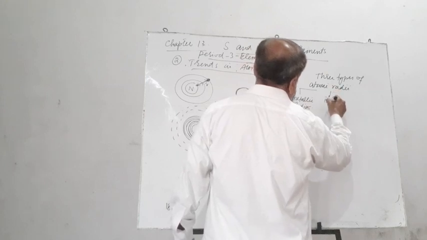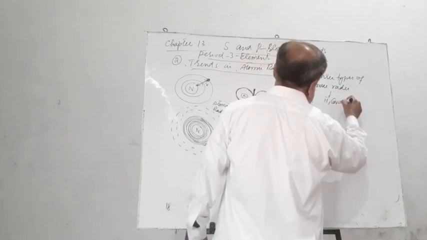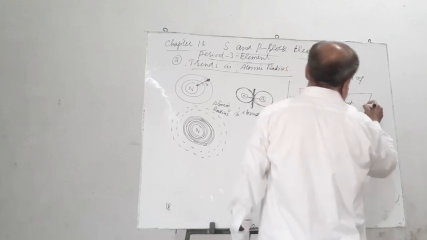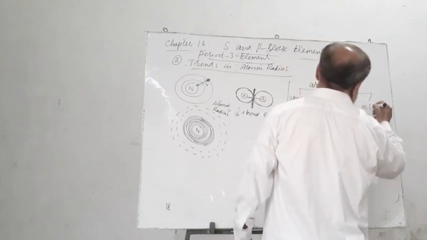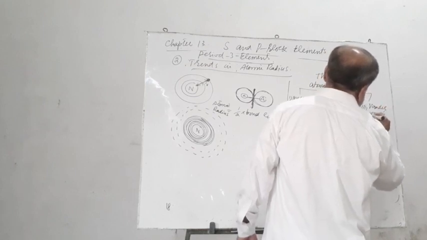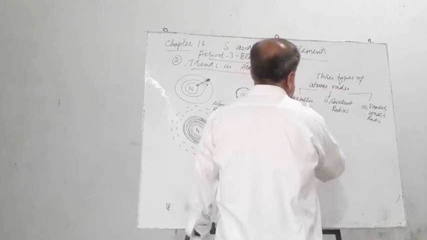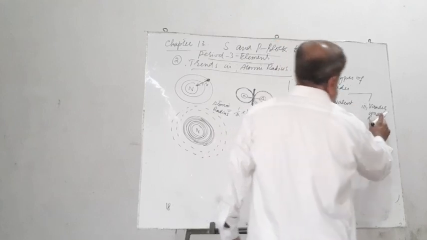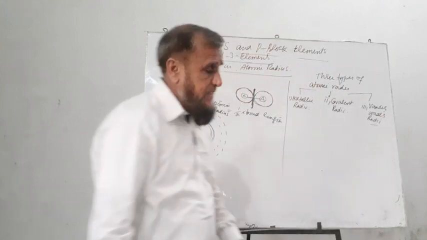The second is covalent radius, and the third one is called the van der Waals radius. Three types of radii are present: metallic radii, covalent radii and van der Waals radii.